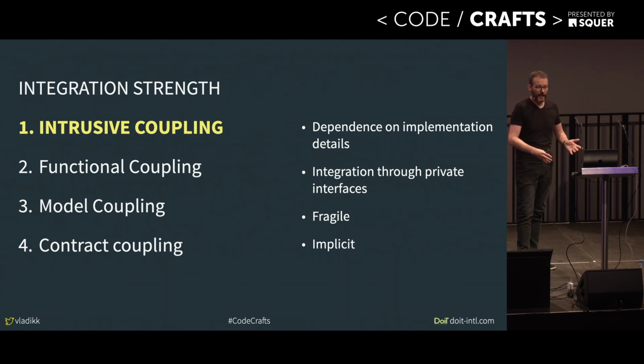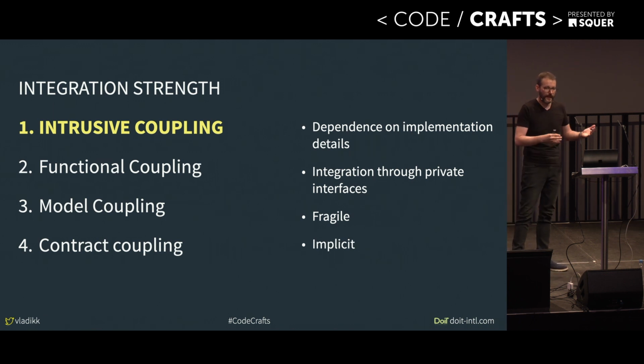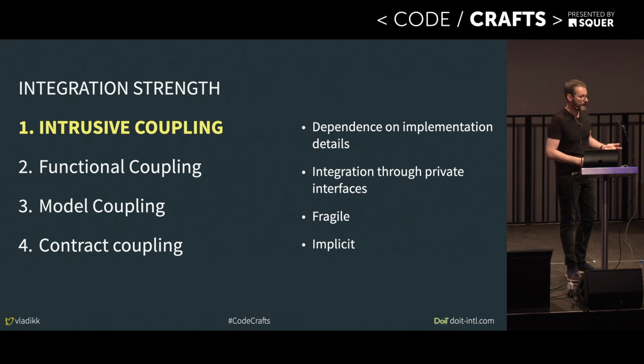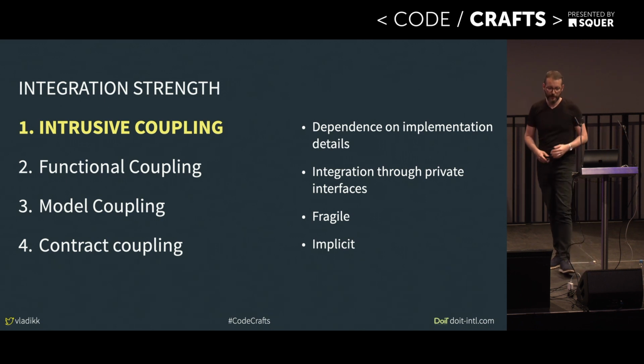So any change they make to the implementation details has the potential to break the integration and cause cascading changes to the consumers. So in a sense, with this level of coupling, we have to assume as if all knowledge about the implementation details is shared across the boundary of the upstream.